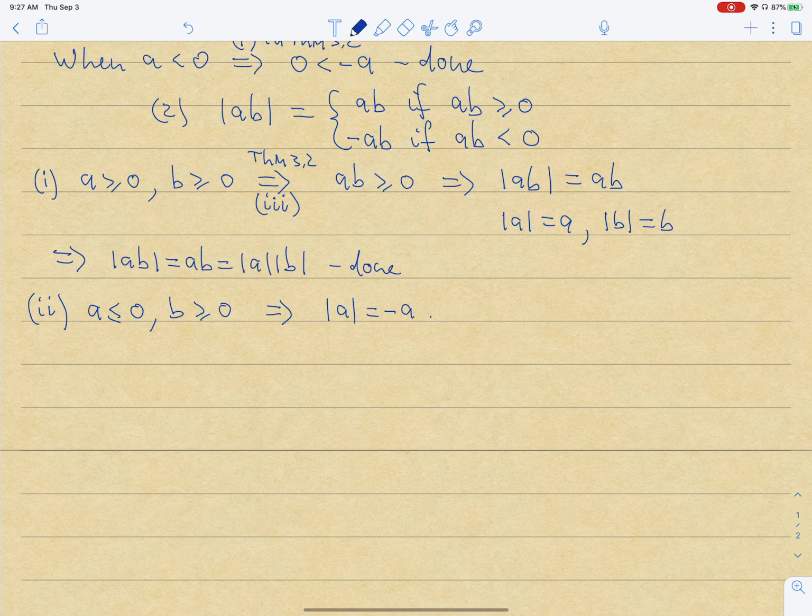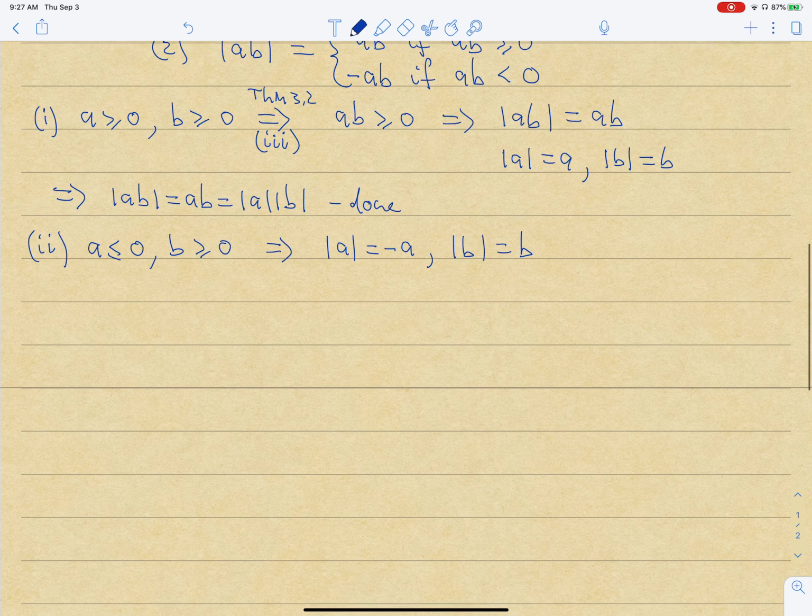Because A is negative. And absolute value of B is B because B is positive. Okay, so what do we know about AB? So if we consider AB, A is negative, B is positive.